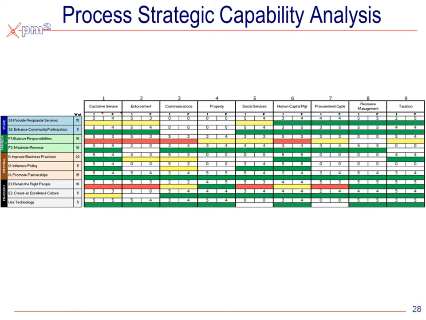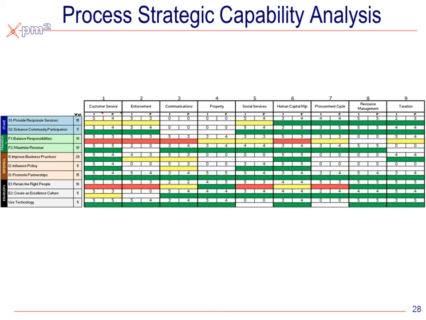So even though in taxation I'm only failing on 1 strategic objective, because everyone else is also failing on that same 1 objective, we have a perfect storm. And this is usually invisible to organizations. It's invisible because we don't have that horizontal view across the organization by strategic objective.